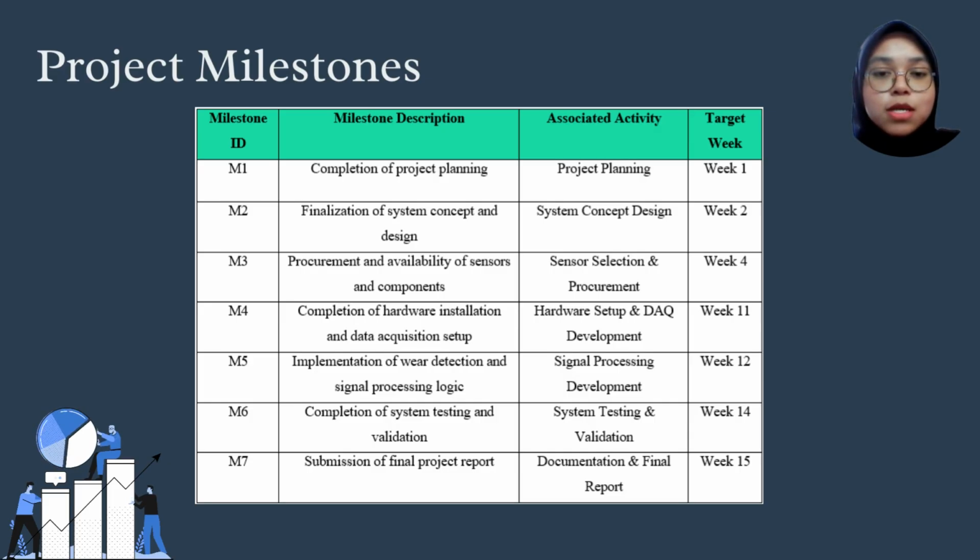The second milestone is the finalization of system concept design in week 2, which confirms the technical direction of the project. By week 4, the third milestone is achieved with the procurement and availability of sensors and components, which allows the project to move into the development phase.